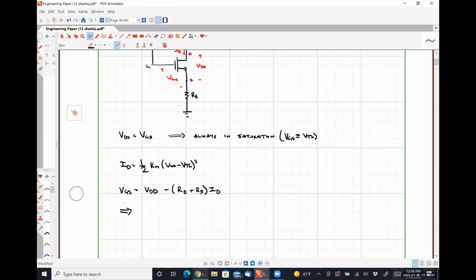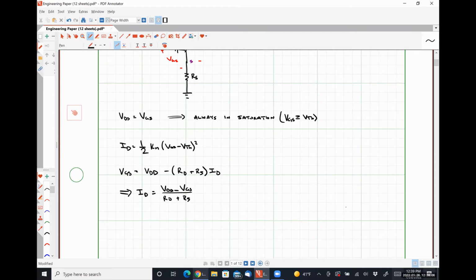And we can use a little bit of algebra to rearrange and find that ID is equal to VDD minus VGS over RD plus RS. And we now have two equations for ID, so we can just set those guys equal to each other.